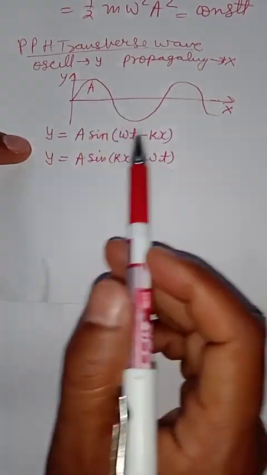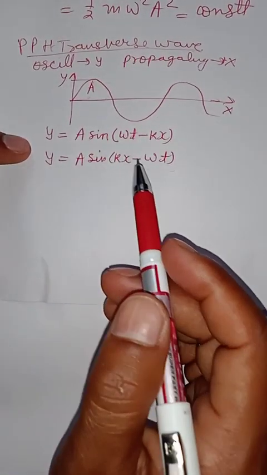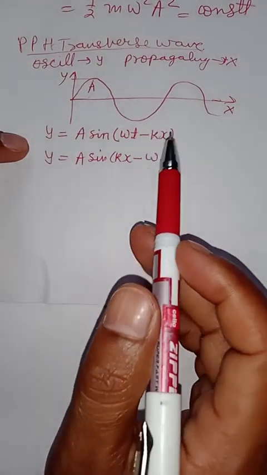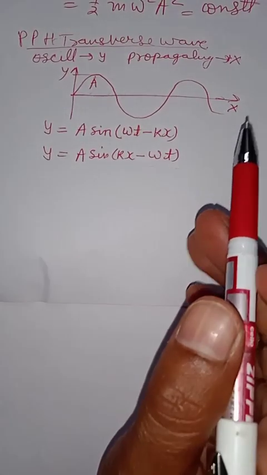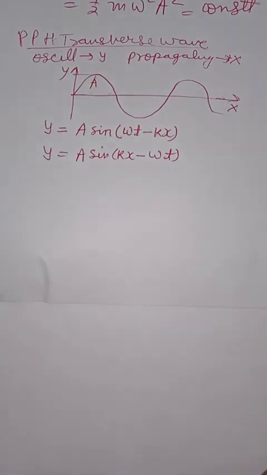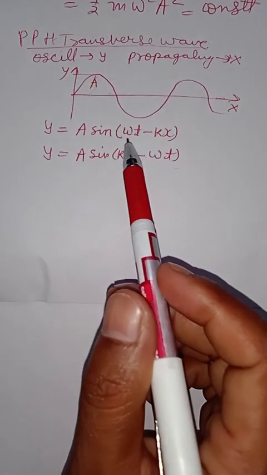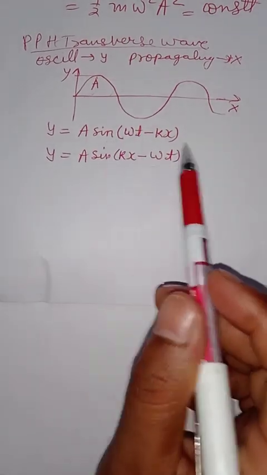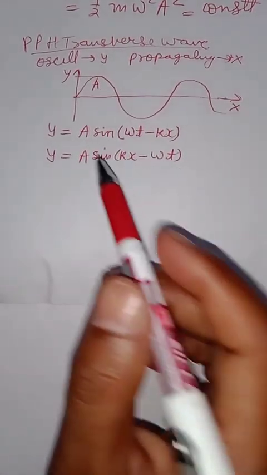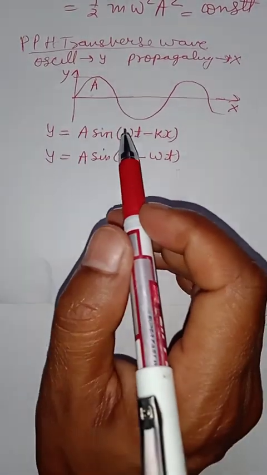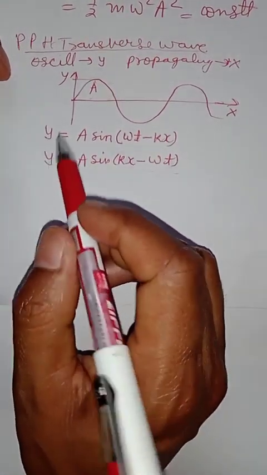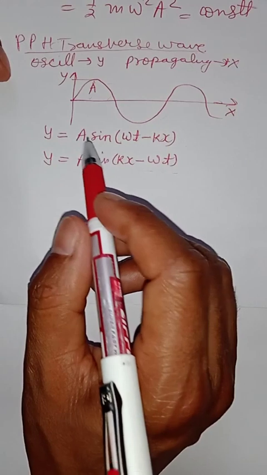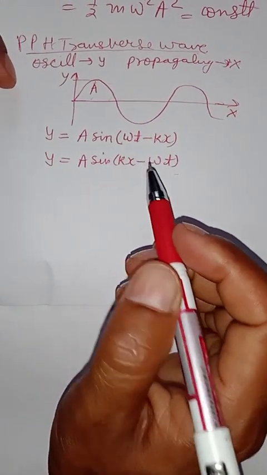The time dimension we can't draw. That is why, if we consider it at a particular phase, then we can express it in terms of this equation or this equation. And once again, I'm giving a disclaimer: I'm not saying that this and this are both equal, but I'm saying that both forms are correct.